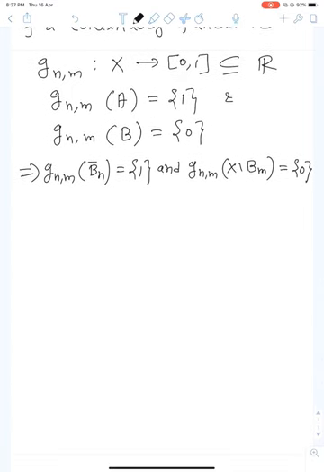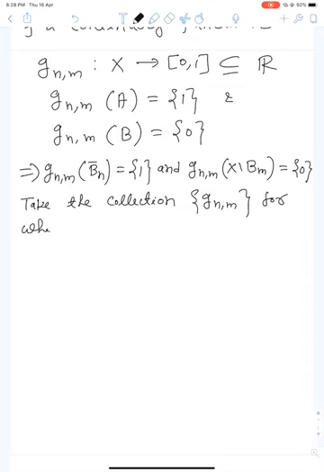Okay, now we have a collection. Take the collection of functions g n,m for which the closure of Bn subset of Bm is possible.